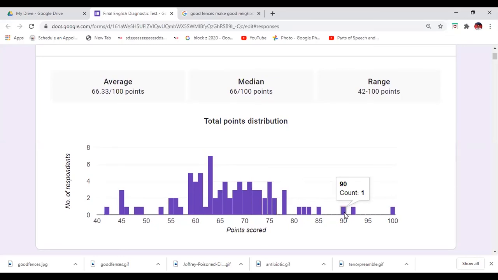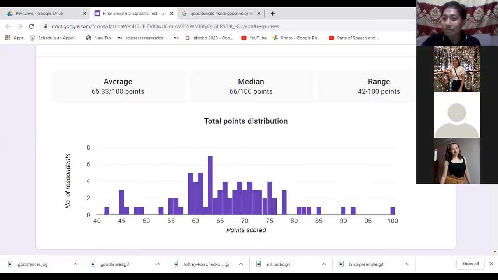Who got 90? We will only reveal the names of those who got the highest. Don't worry for the outliers, we will not mention your names. But we will congratulate the top scorers.